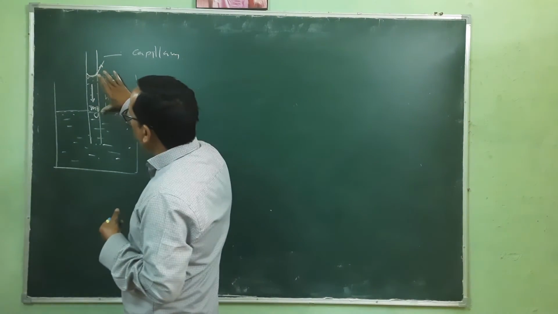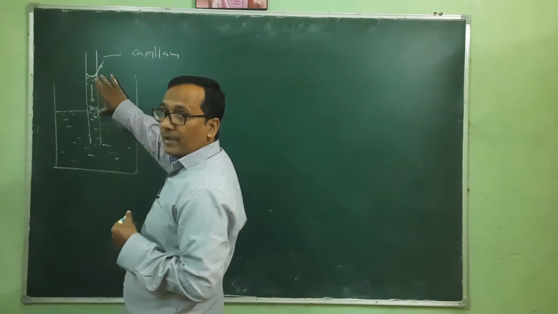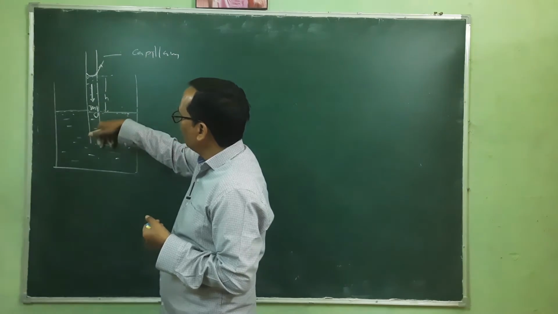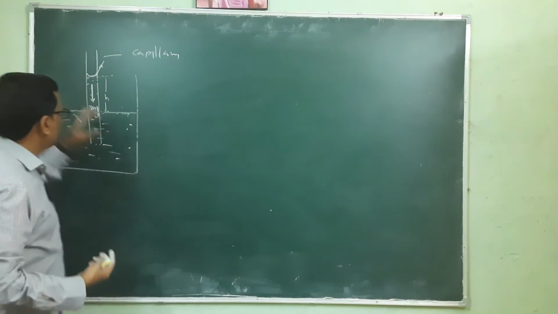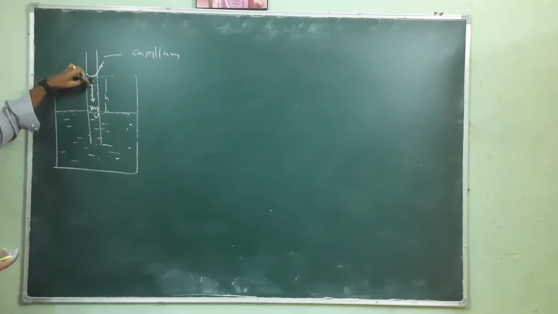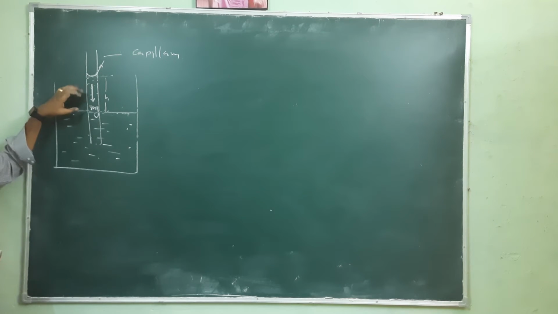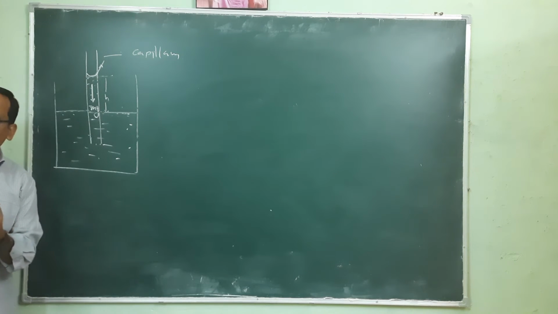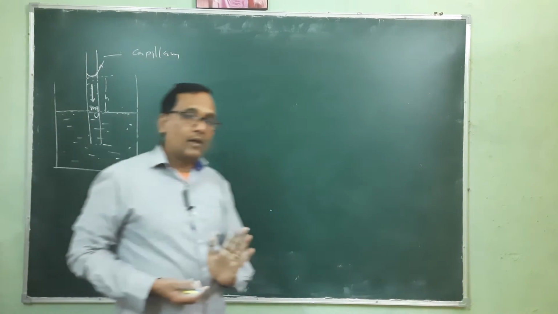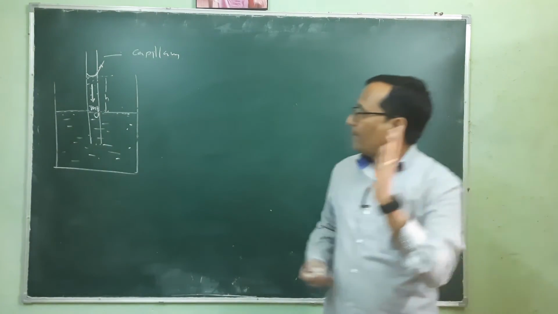It is balanced because of the surface tension. We just dip this glass tube, and after some time some amount of liquid rises up to this point, and an equilibrium is reached. That equilibrium is between the weight of the liquid column and the force due to surface tension. So we have to calculate the resultant force due to surface tension in the upward direction, and this will be balanced by the weight.